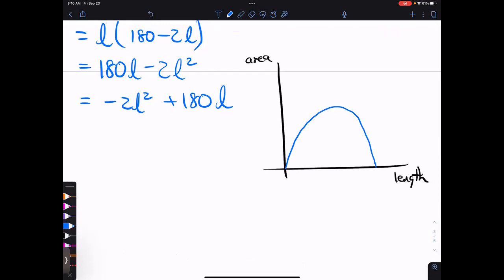And what are we trying to find? We want the maximum area. Well, where would the maximum area be? The top, the vertex, right?